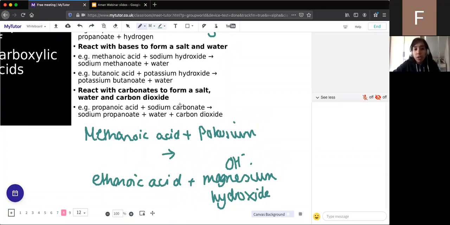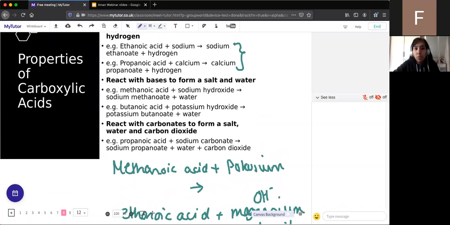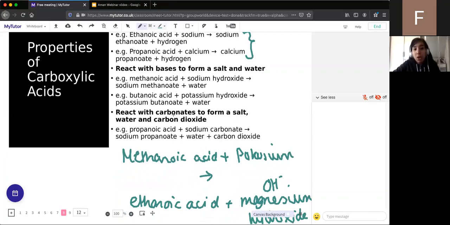What would be produced if we reacted ethanoic acid and magnesium hydroxide? Good. Magnesium ethanoate and water. Excellent. As I said, I'm not going to dwell on this too much because these are just the properties of acids. I just want to show you that it's exactly the same with carboxylic acids. And the final one is they react with carbonates to form salt, water, and carbon dioxide.